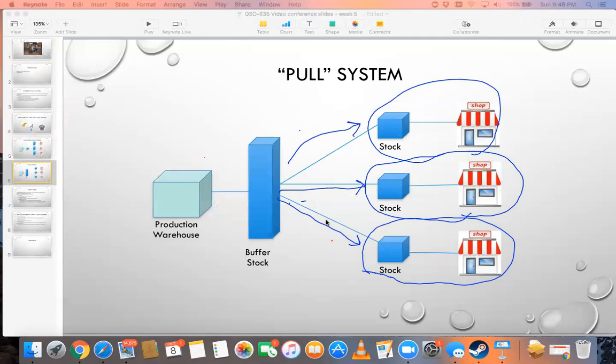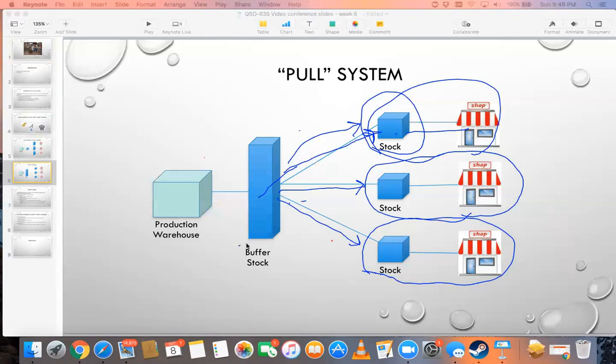Each of these stocks represents a certain set of stuff, either 1 day's worth or 2 days' worth. And as we pull from this, at the same time it's also going to pull from the buffer stock.